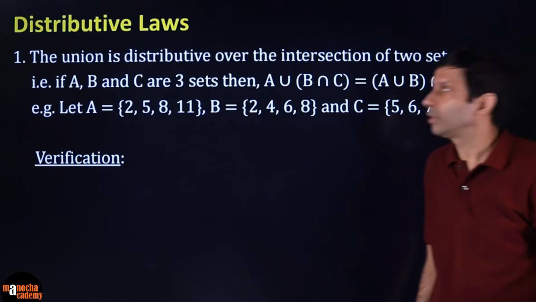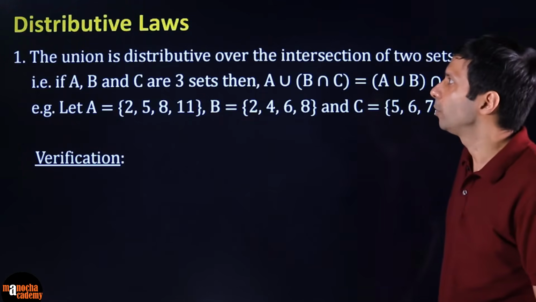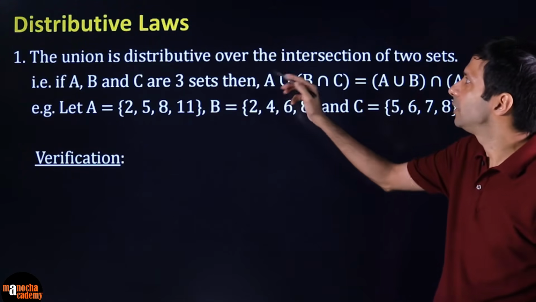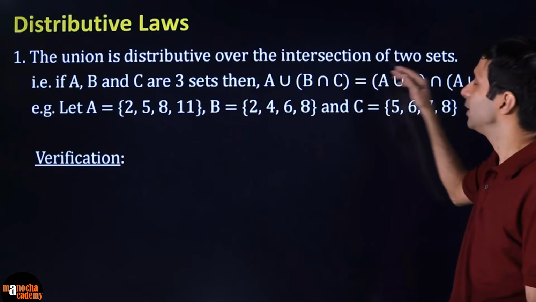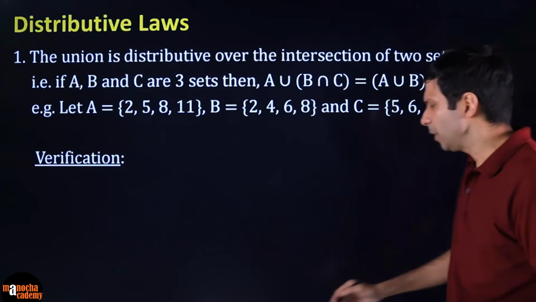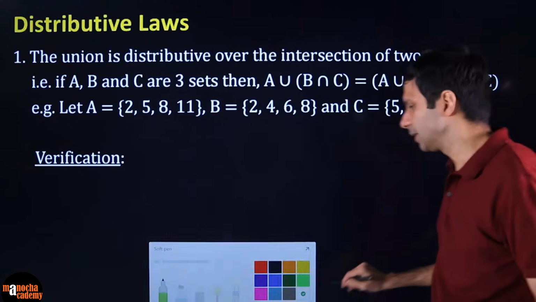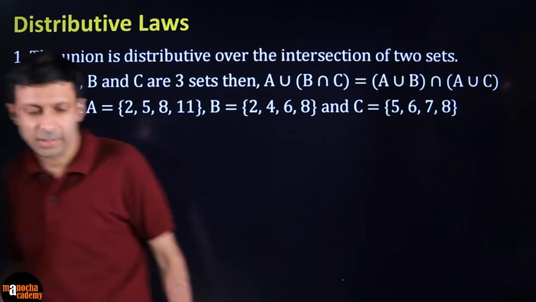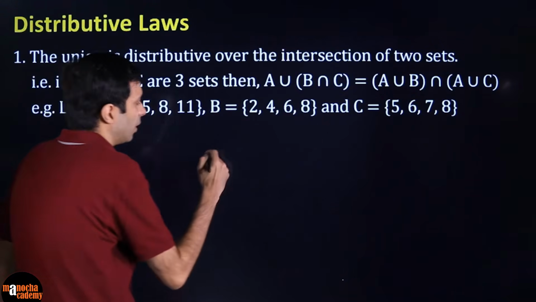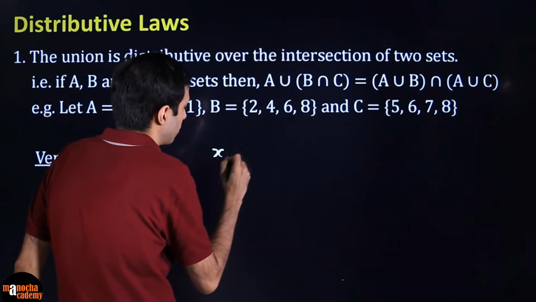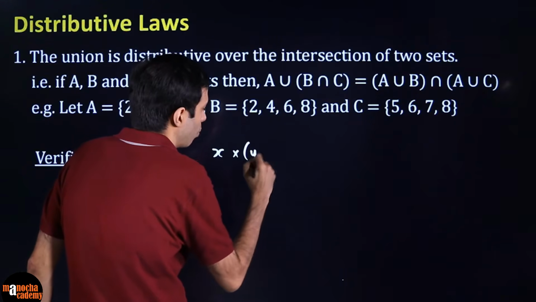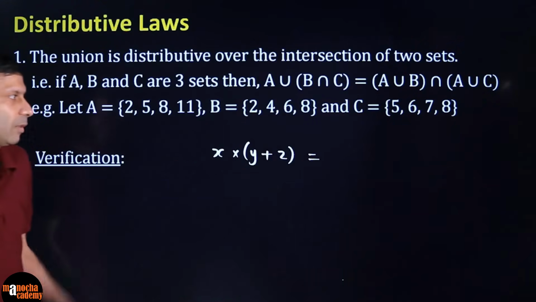Next, let's talk about the distributive law. What is the meaning of distributive? The union is distributive over the intersection of two sets. Let me first explain this with a simple example before we talk about sets. So let's say we take x multiplied by y plus z. What can I write this as?